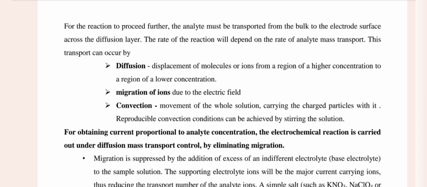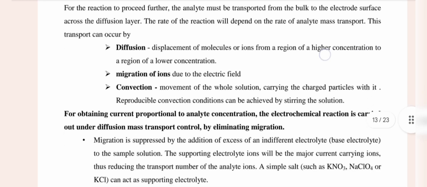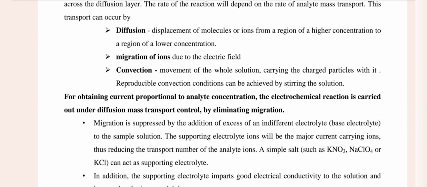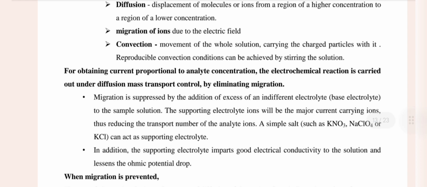But for obtaining current proportional to the analyte concentration, the electrochemical reaction is carried out only under diffusion mass transport control, by eliminating migration. So we need to avoid the migration process. Migration is suppressed by the addition of an excess of an indifferent electrolyte to the sample solution.